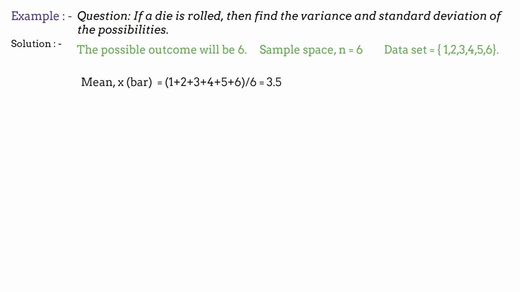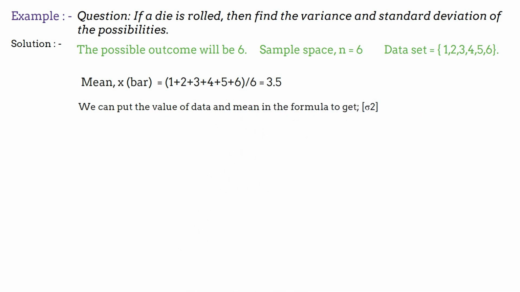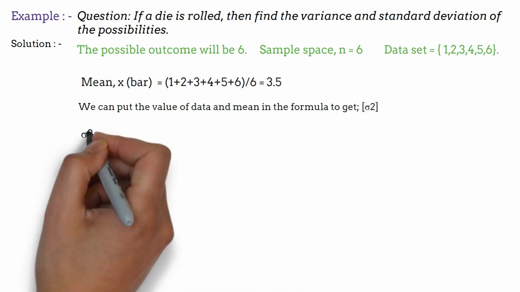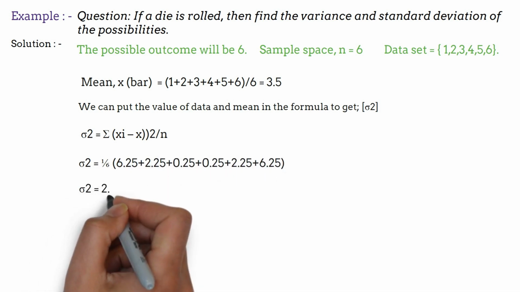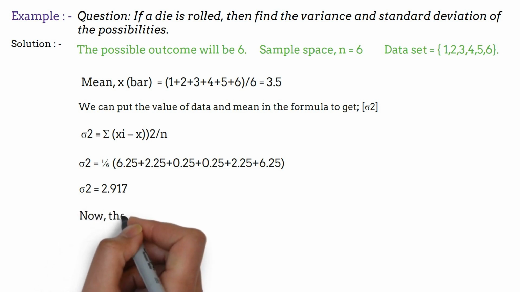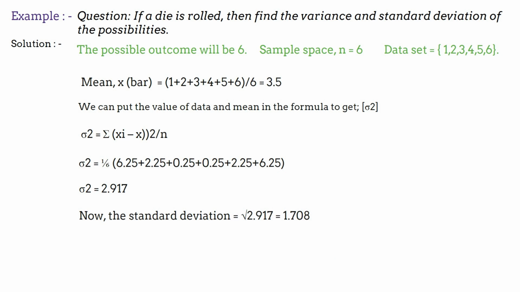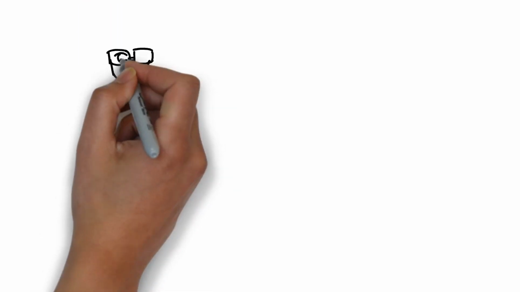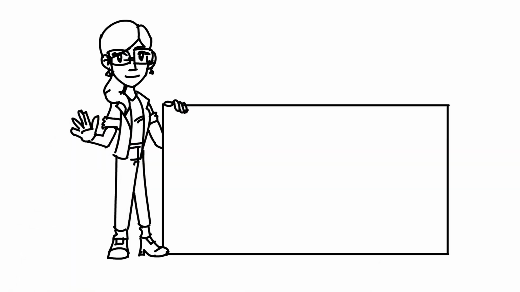Now we can put the values of the data and the mean in the formula to get sigma square. Sigma square is 2.917. When we calculate the standard deviation, it is the square root of 2.917, which is 1.708.